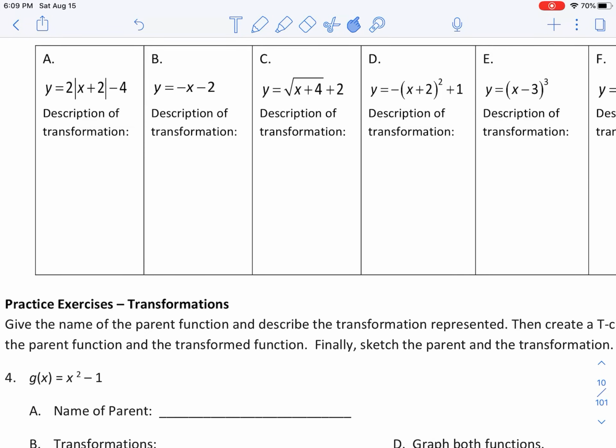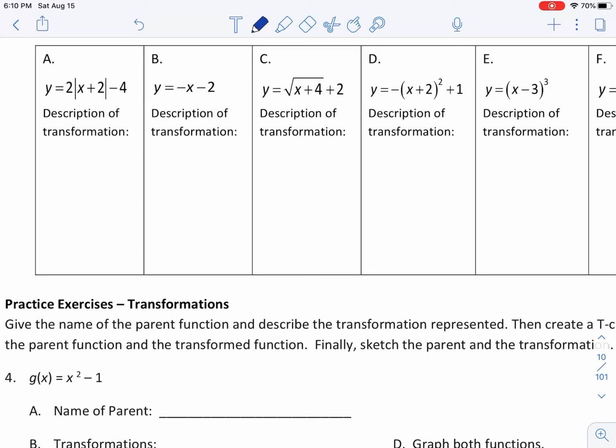On page 103, instead, it gives you the equation and is asking you for a description. So I think this page is a little easier than the page before, but it also tests your knowledge with that placement of everything.